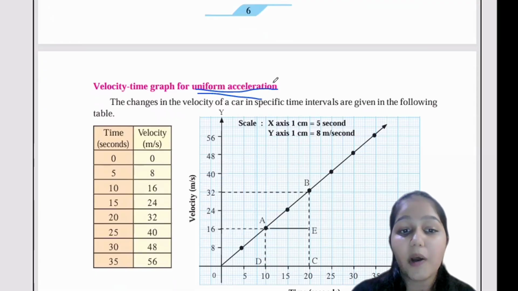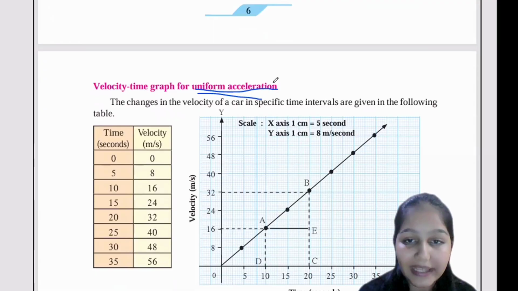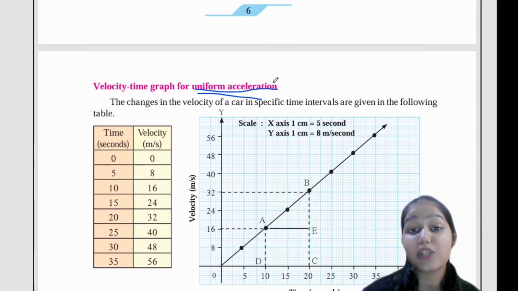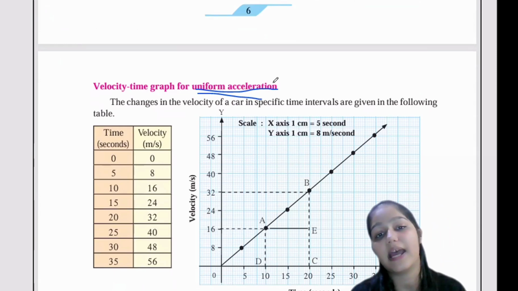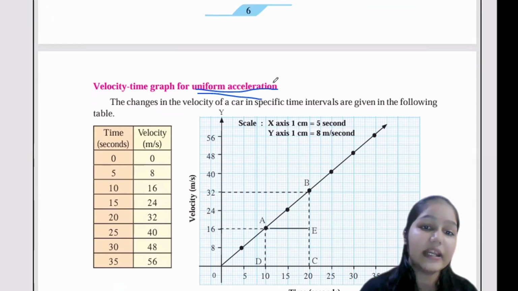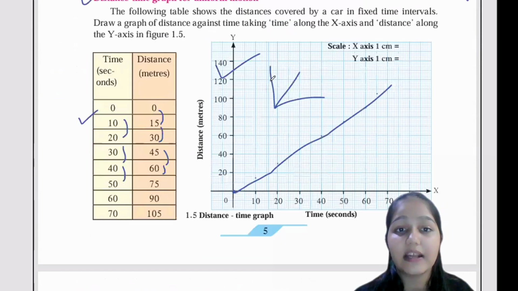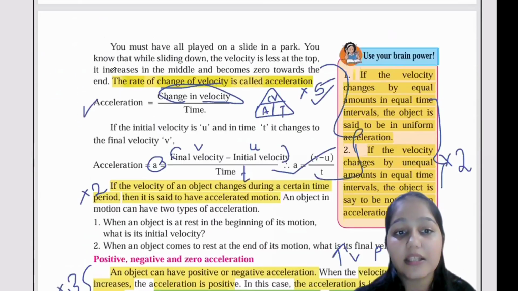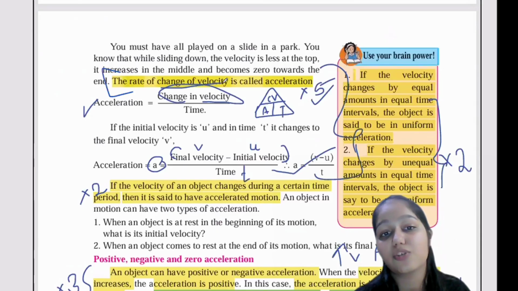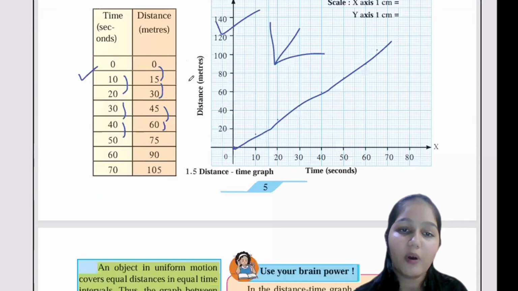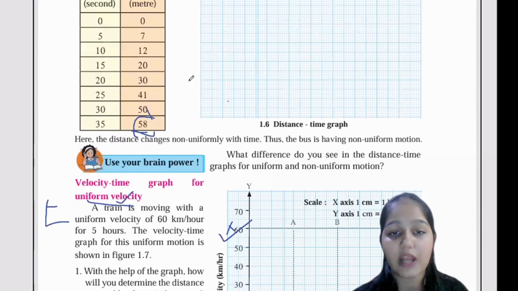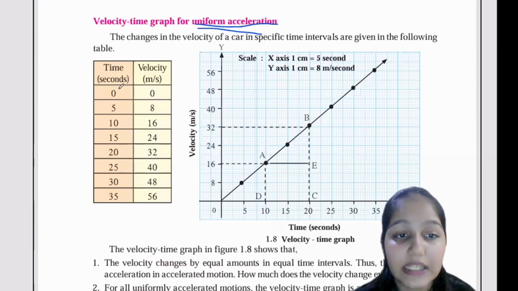What do you mean by uniform acceleration? It means the rate of change of velocity is called acceleration. We have already studied in the last video that the rate of change of velocity is called the acceleration. I hope you have understood this acceleration, and that is what we are doing here. So it is 0, 5, 10.